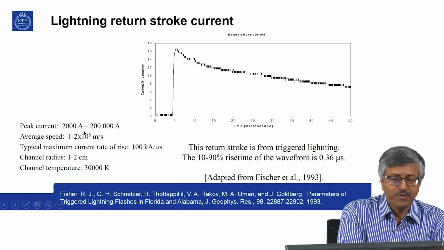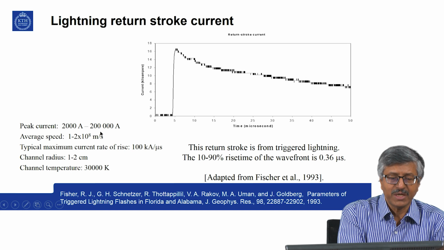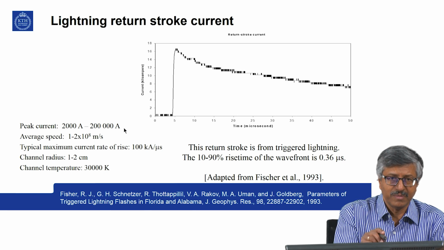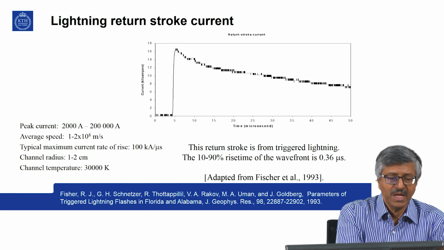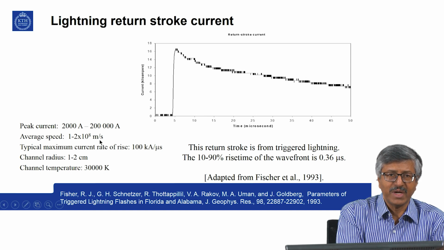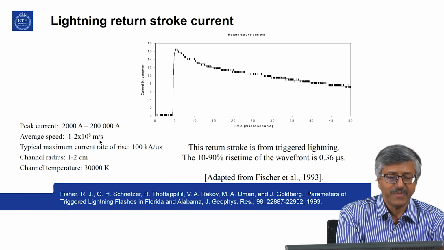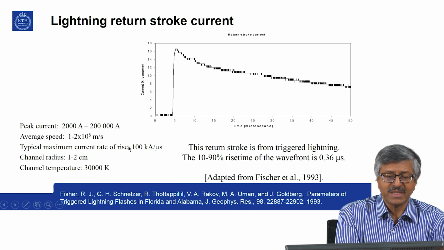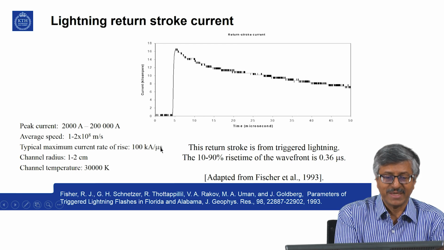And the range of peak currents for return strokes is anywhere from 2 kiloampere to 200 kiloampere, and the average speed of the return stroke pulse propagation from ground to cloud is 1 to 2 times 10 to the power of 8 meters per second. So 1/3 to 2/3 the speed of light, and the typical maximum current rate of rise is 100 kiloampere per microsecond.